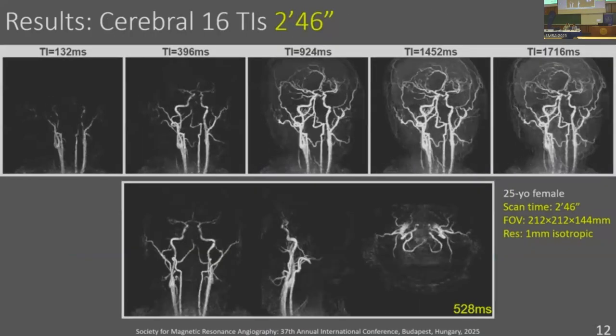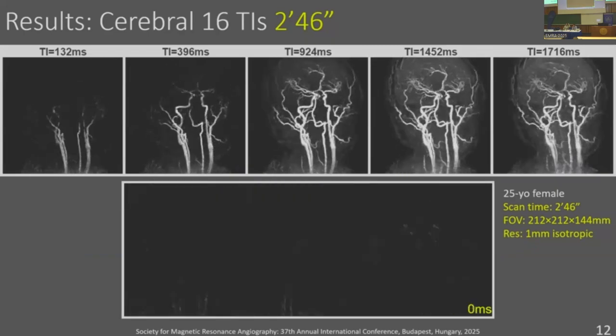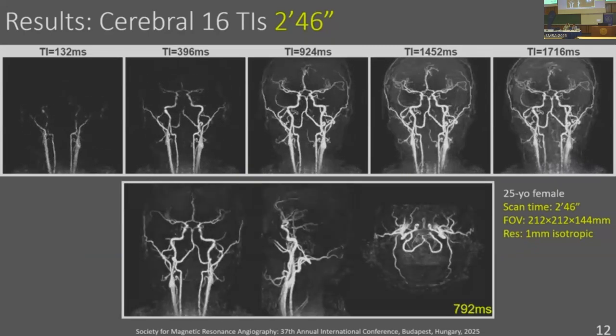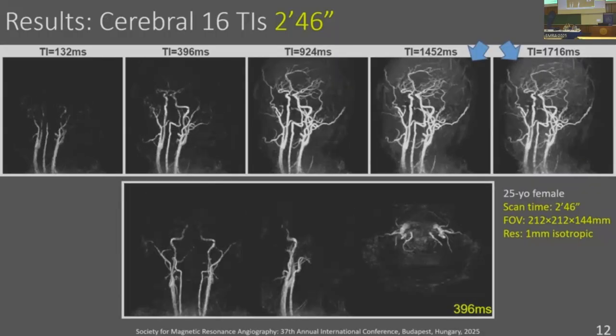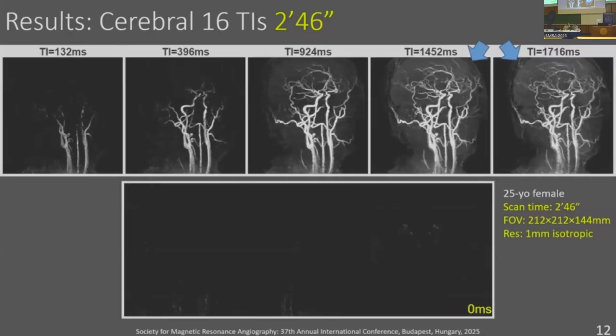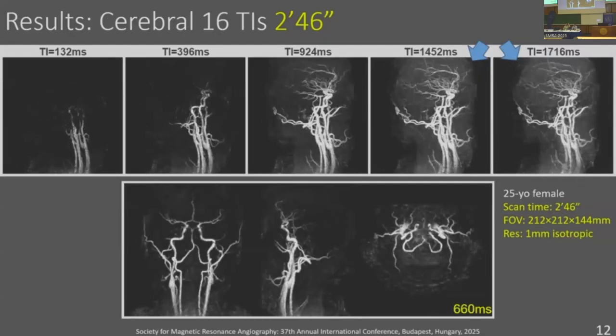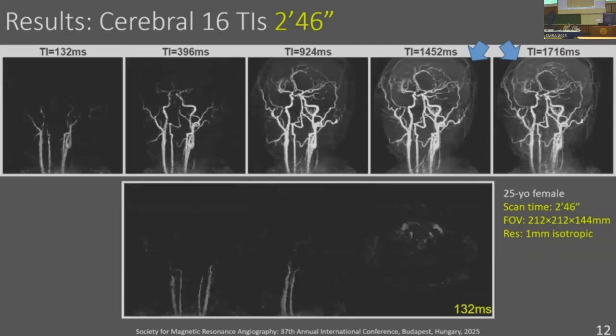These figures demonstrate a representative 16 TI cerebral dynamic VSMRA from another subject with veins removed. Great vessel contrast and clear small branches are observed on images at long inflow times. The dynamic VSMRA nicely tracks the arterial inflow.